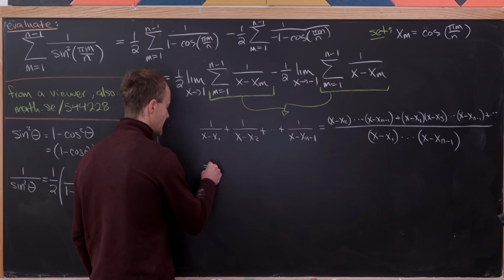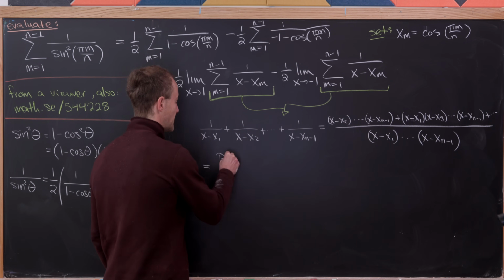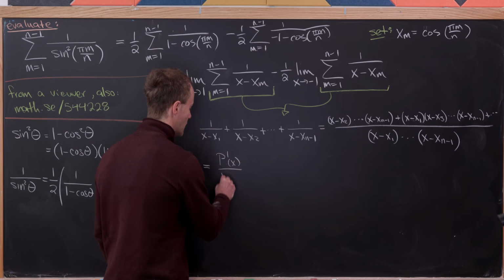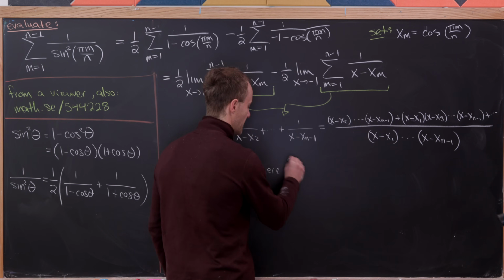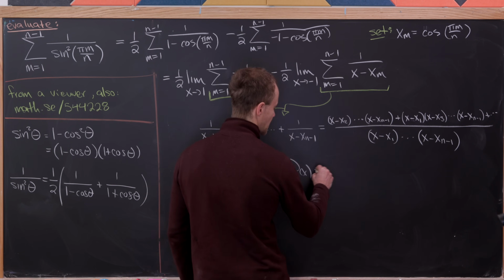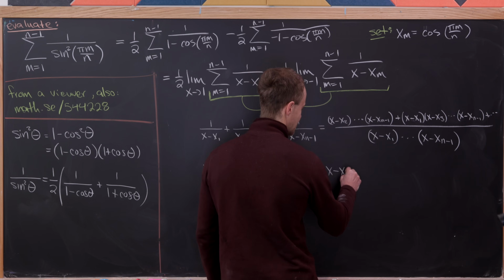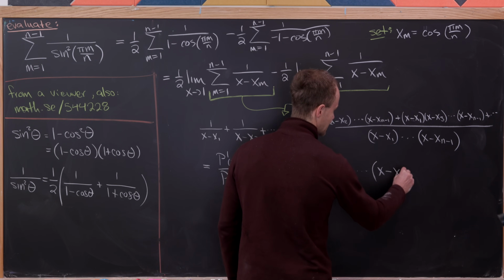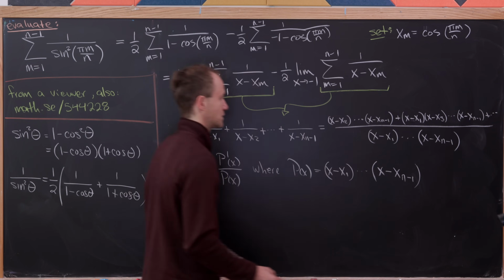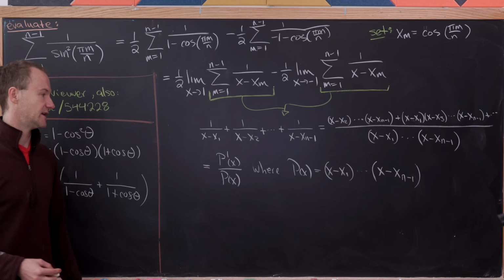So I'm going to rewrite this as p prime of x over p of x, where p of x is equal to x minus x1 multiplied up to x minus x sub n minus 1. Okay, nice.